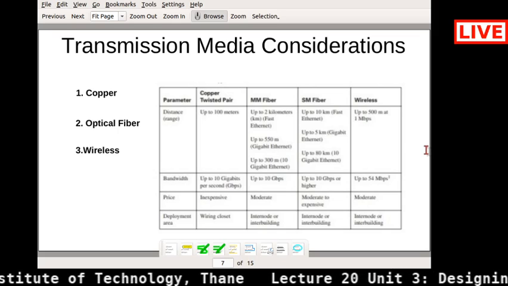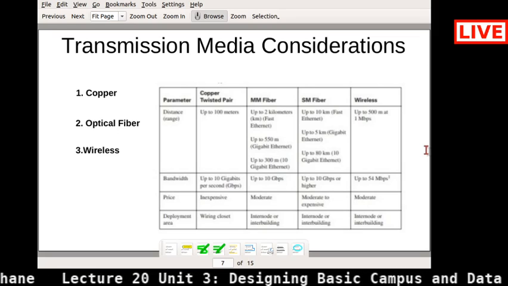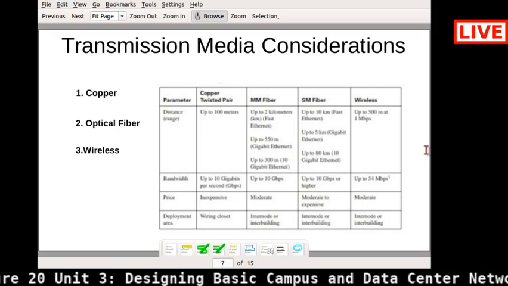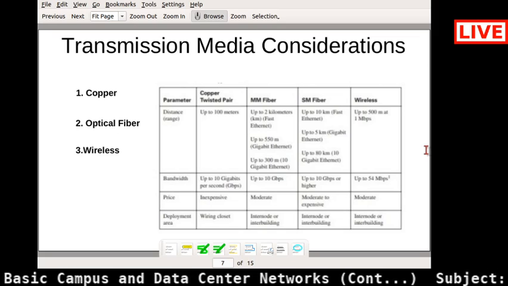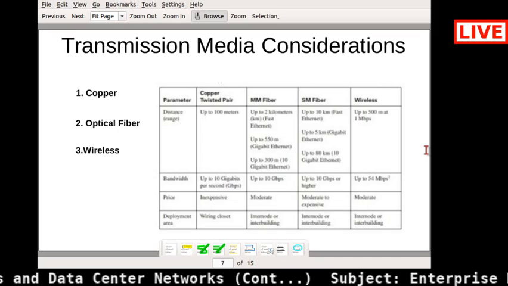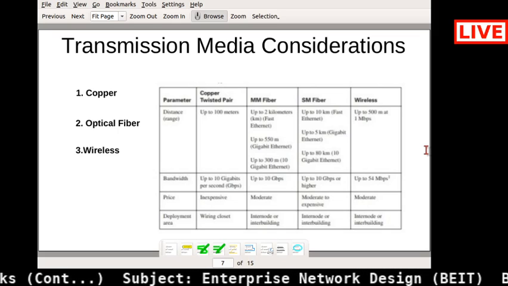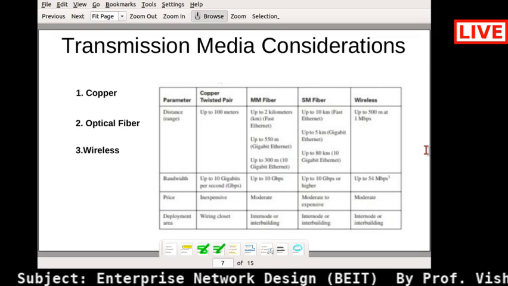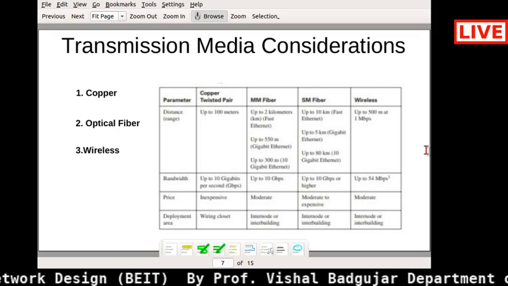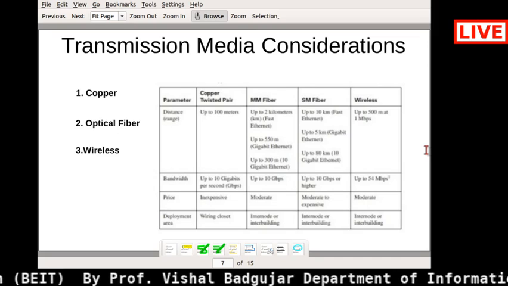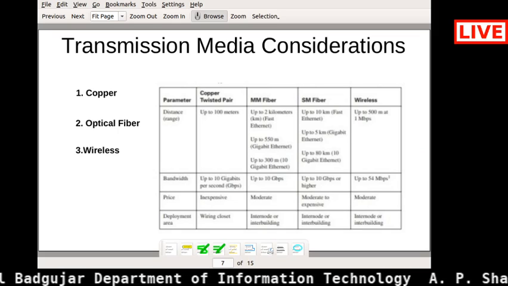For example, if you're using wiring for a wiring closet, for internode or inter-building connections, then you also want to see whether there is any magnetic or electrical disturbance or interference where you are going to deploy that cable, because those disturbances may affect the data transfer in between the connections. So for that purpose you check the deployment area.